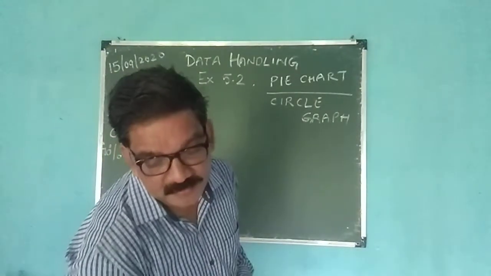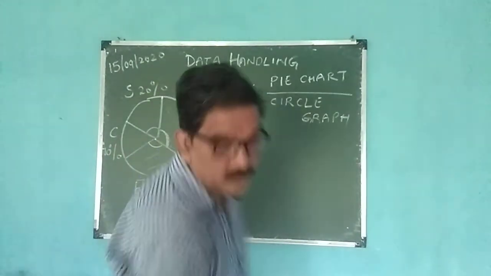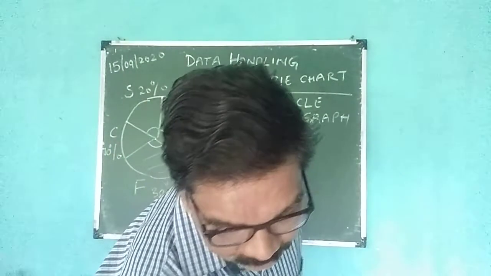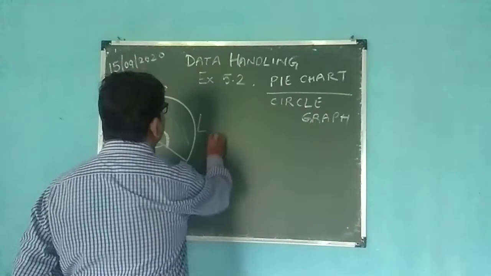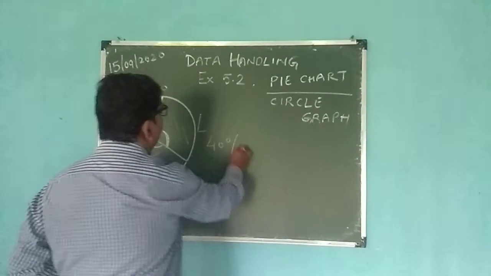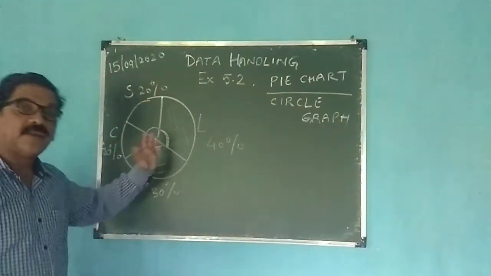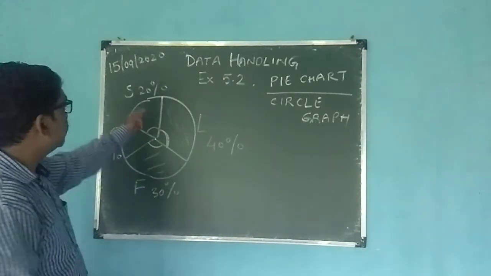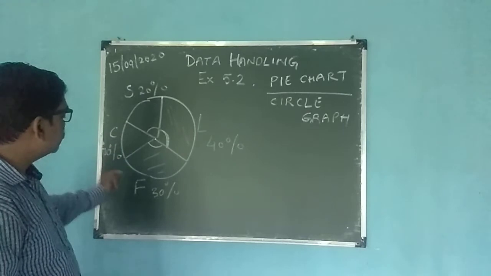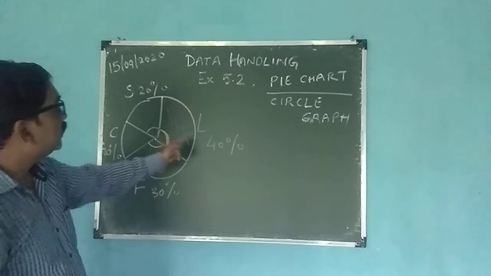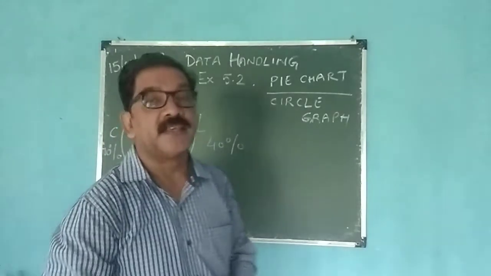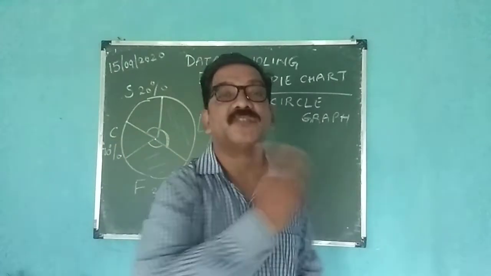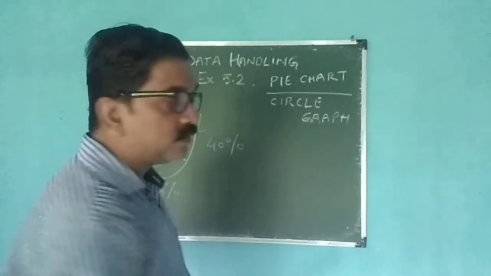And light music is 40%. Alright, this is the pie chart they have already drawn in the question. So semi-classical is 20%, classical is 10%, folk is 30%, and light music is 40%. This many percentage of the people, they like this kind of music.